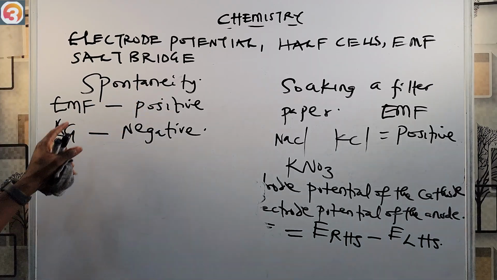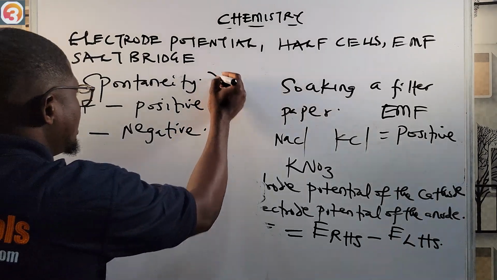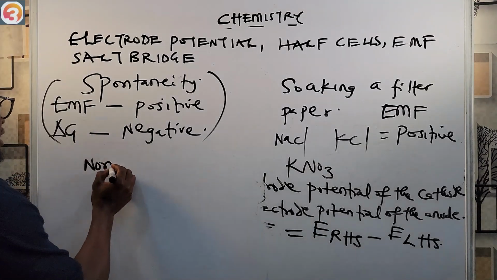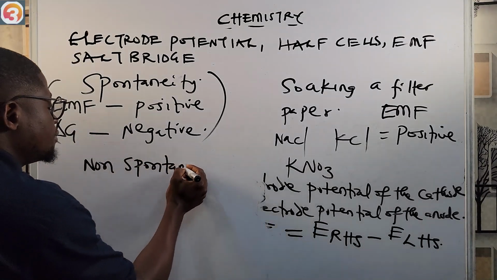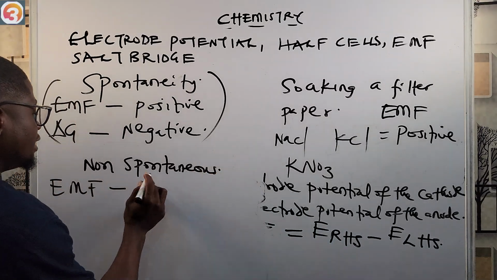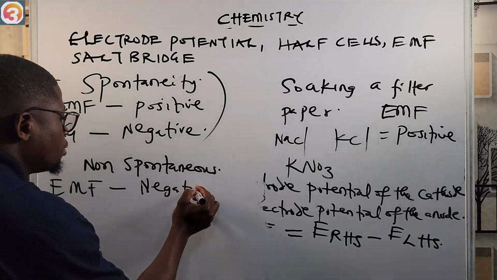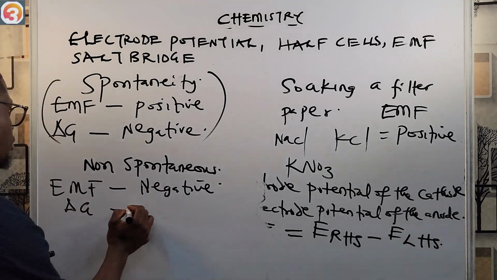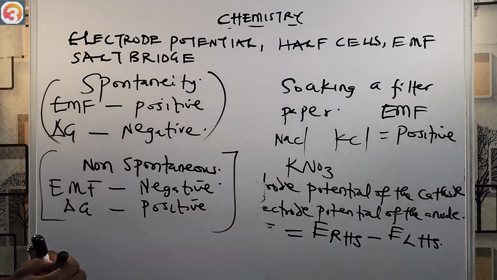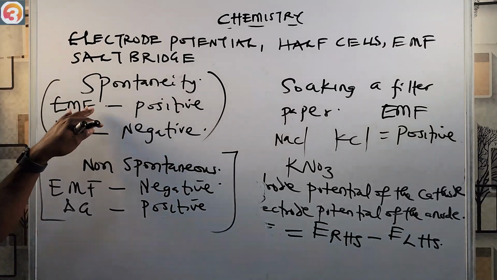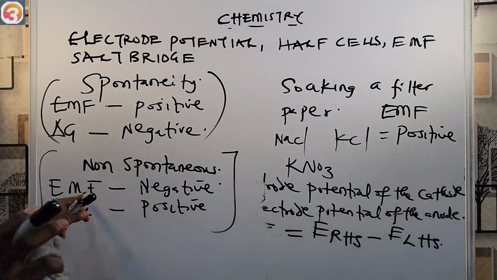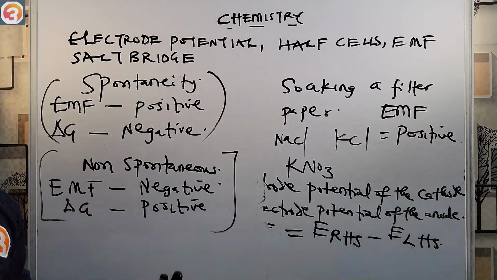But if EMF is negative, we say it is non-spontaneous. If EMF is negative and delta G is positive, we say that system is not spontaneous. So for spontaneity, EMF is positive and delta G is negative. For a non-spontaneous system, EMF is negative and delta G is positive.